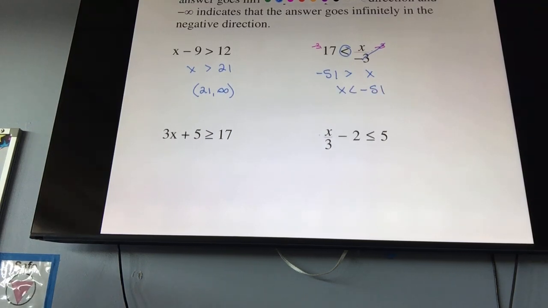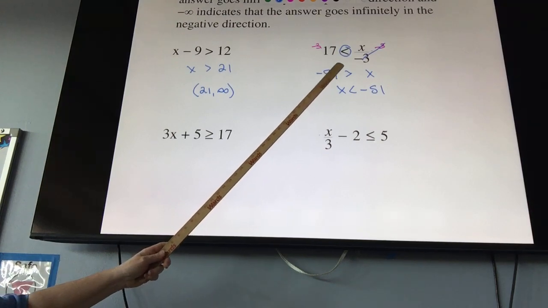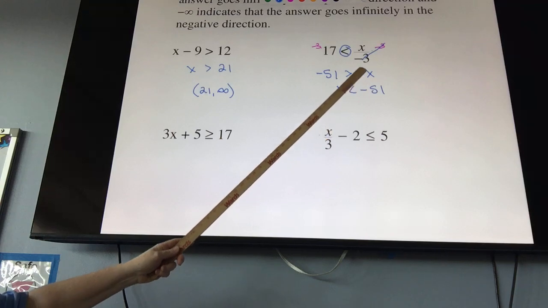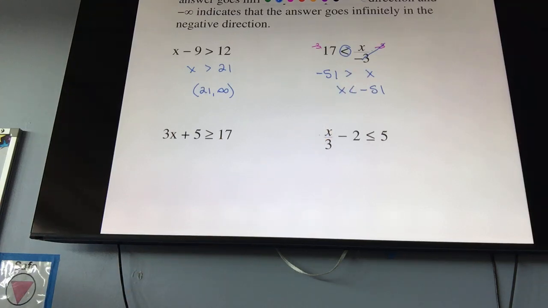Okay, so it looks like I changed it, but I didn't. It's still pointing at the x. So my answer, x is less than -51. So that means because it's less than, that I'm going infinitely in the negative direction. So I'm going to be starting at -51 and going infinitely in the negative direction.